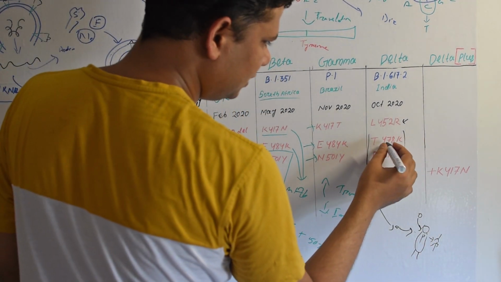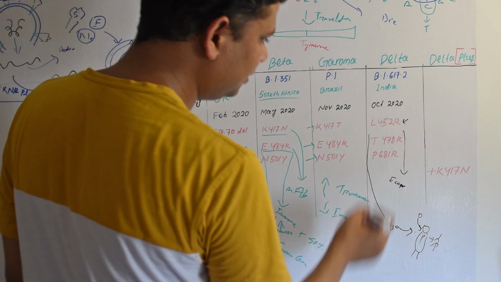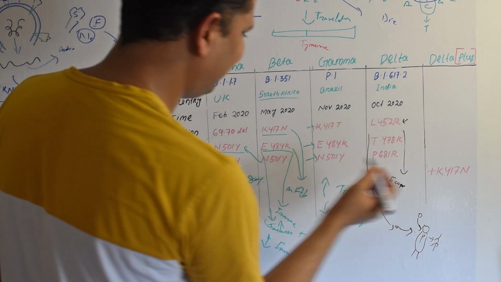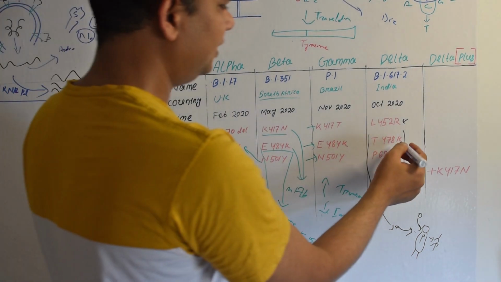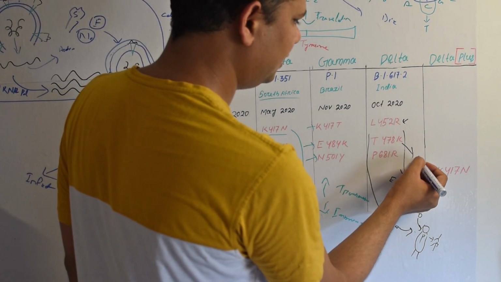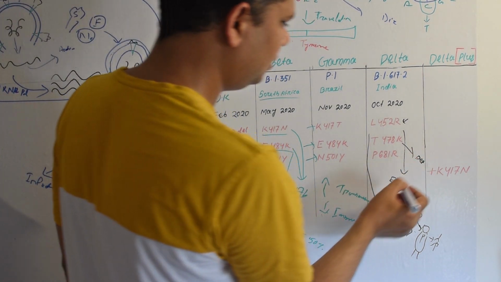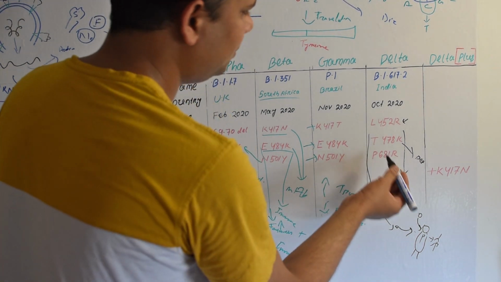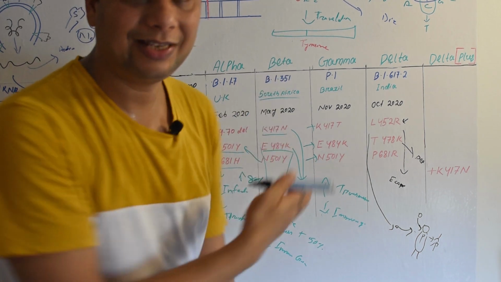And the second mutation was the P681R mutation, which is also helping. This is similar to N501Y, and this helps in binding to the ACE2 receptor. And another one is the 681 mutation, which is present on the furin cleavage site.